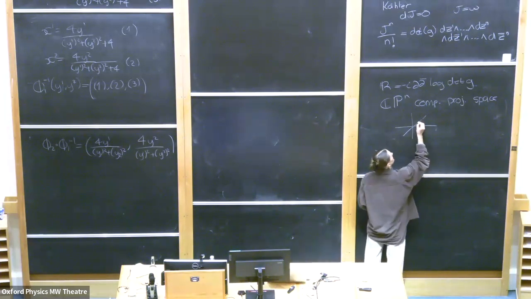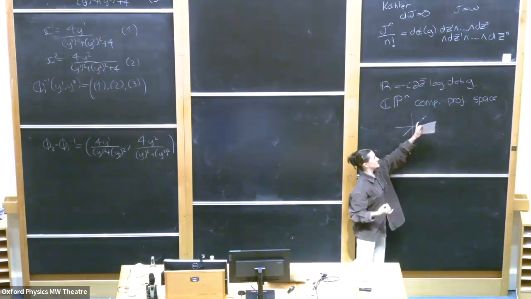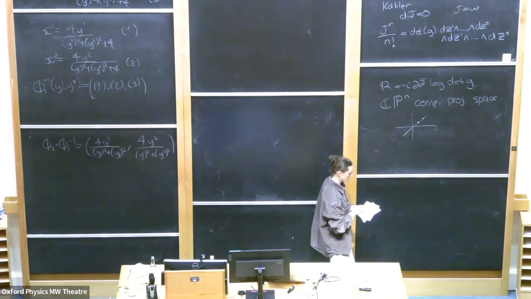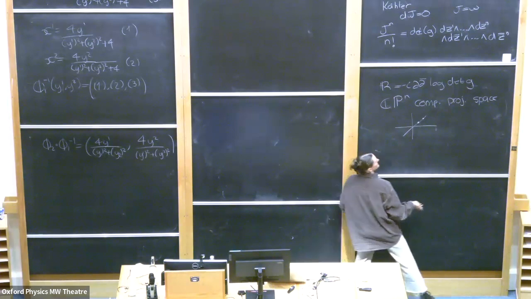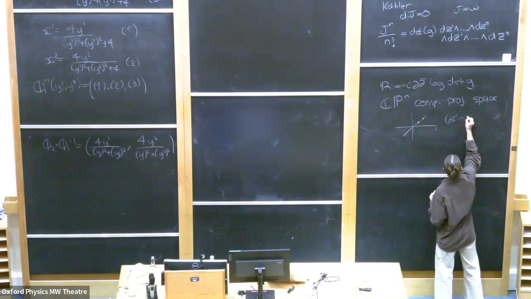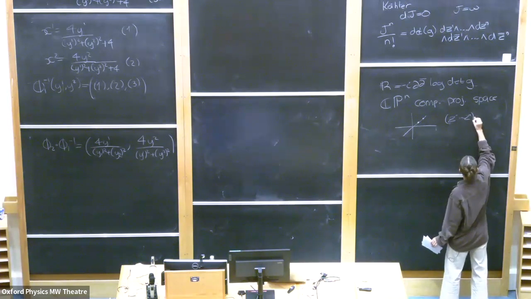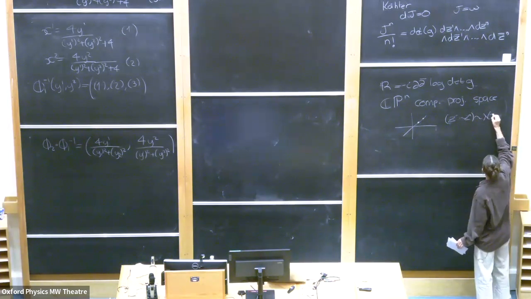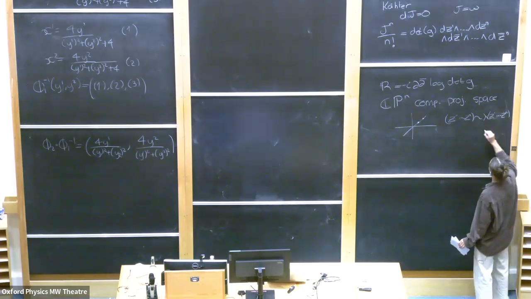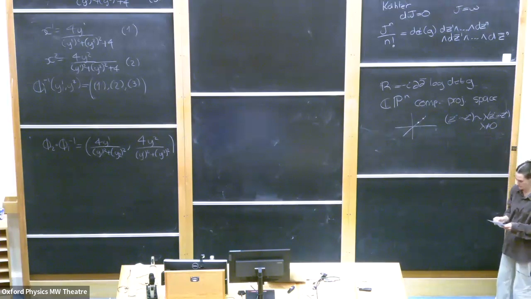So these 2 lines will correspond to the same point in projective space, and you can write that as Z equivalent to lambda Z, where lambda is some non-zero complex number.